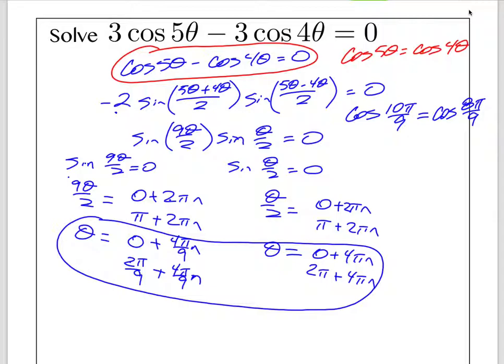Let me see what the book has on this one. Now it could be because I wrote the problem down wrong. I'm not going to get a match. I'll check, but it should work. It should have worked. I know the 2 pi is going to work, but I need to double check that one. I'll check that.